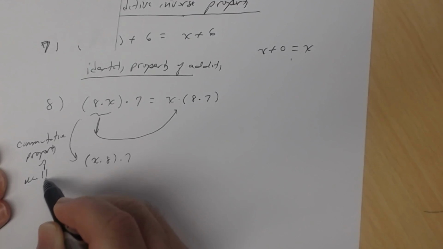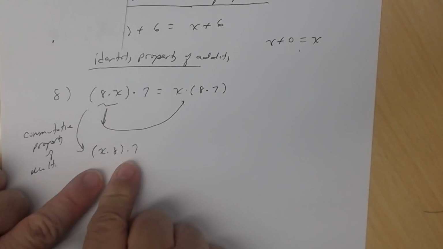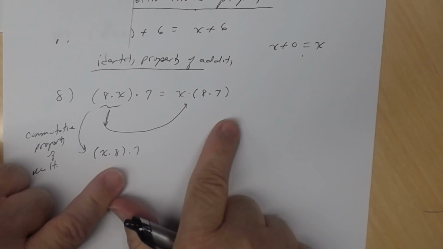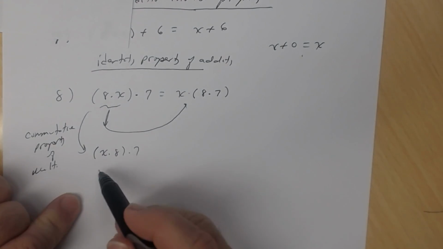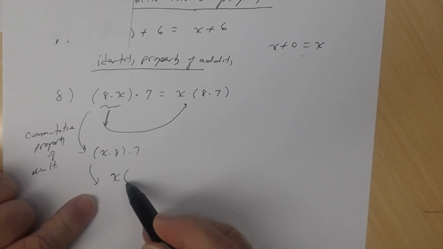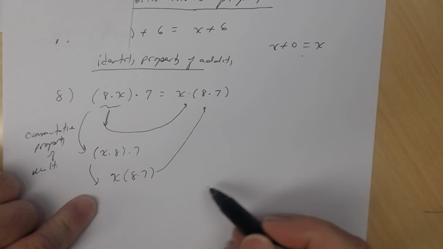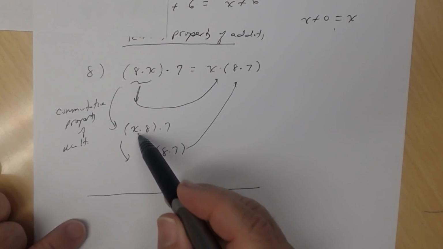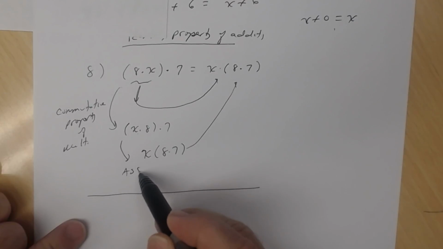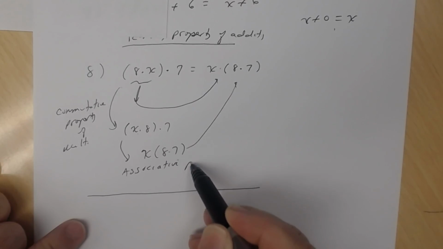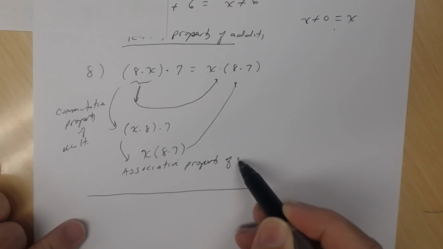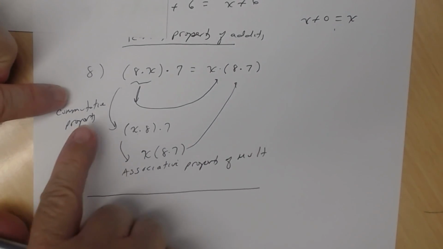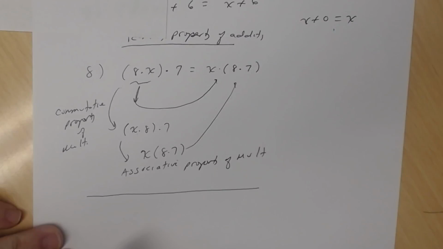Now, see how this order is the same as x87? Instead of grouping the first two, they grouped the last two. To go from here to here, that's the associative property of multiplication. So they used two things: the commutative property, and also the associative property.